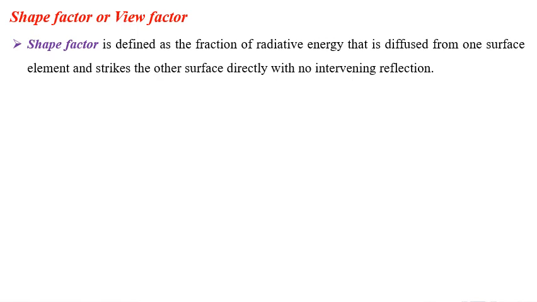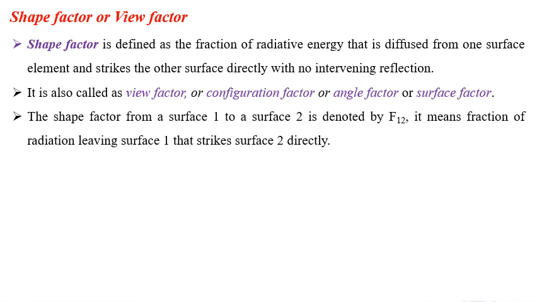The view factor of surface i with respect to surface j is denoted by Fij. The view factor from surface 1 to surface 2 is denoted by F1 to 2, or sometimes they call it surface i instead of surface 1, and surface j instead of surface 2.